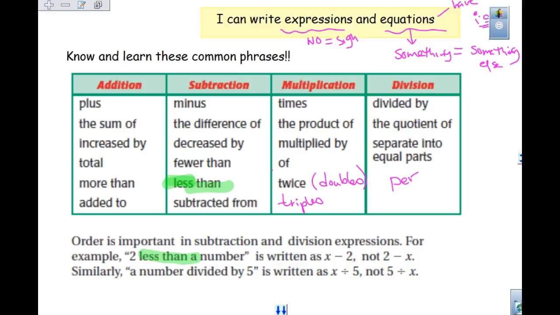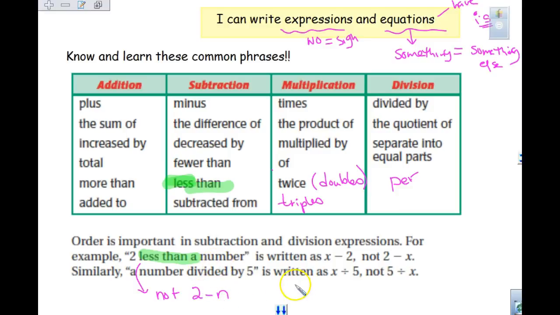If you think of it this way, if I tell you that you have $2 less than I have, and I have 10, $2 less, right? So if we're saying 2 less than a number, that is not going to be 2 minus n.